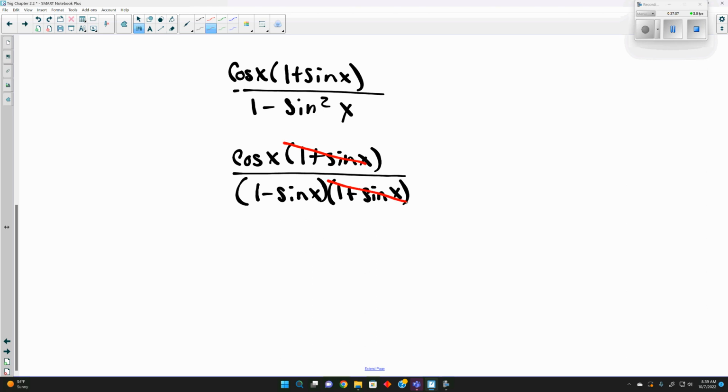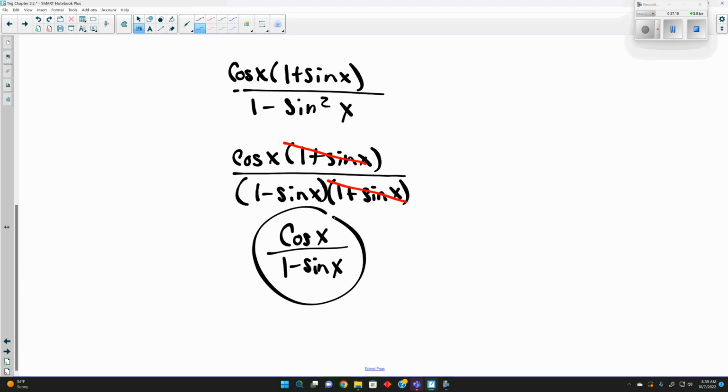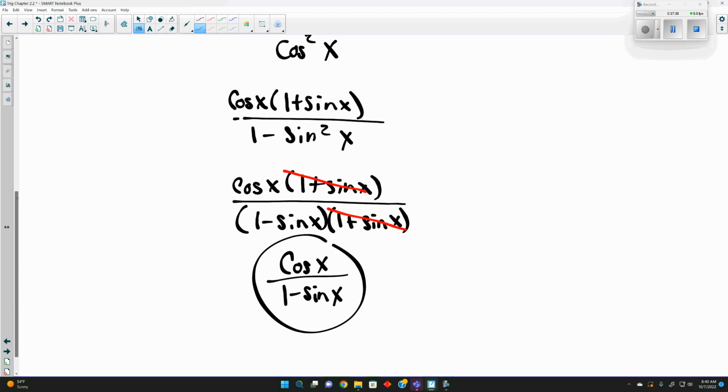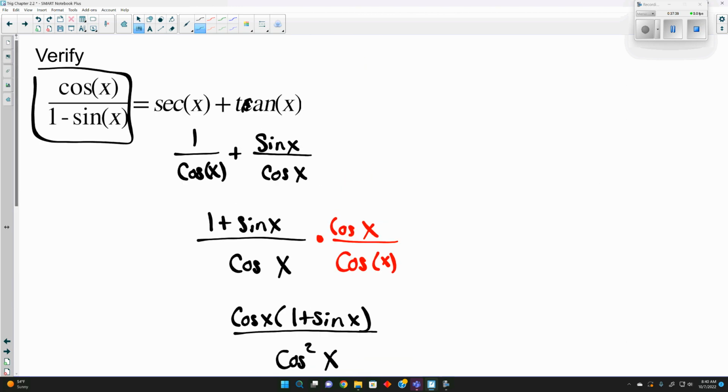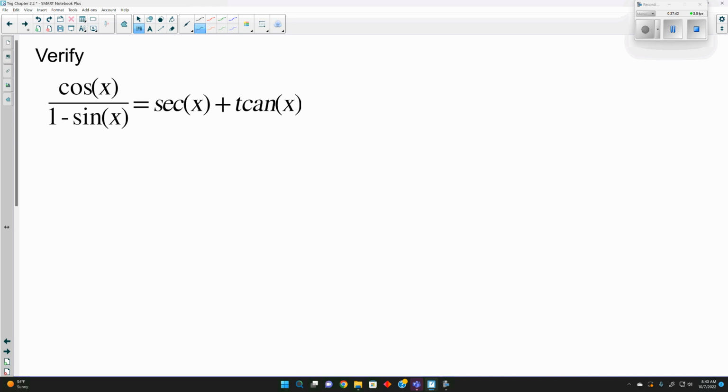Now they do indeed cancel, telling us that we have cosine of x over 1 minus this here. Questions on this so far? Okay.